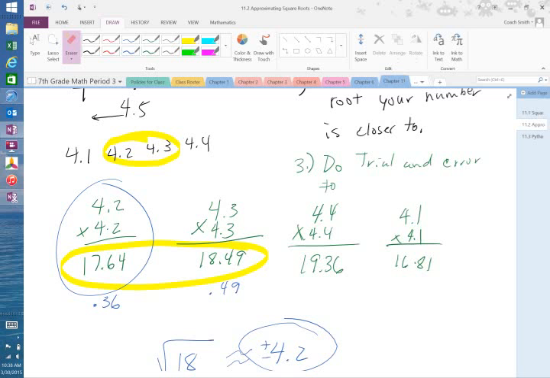So is it closer to 121 or is it closer to 144? So y'all got it? Do you getting there? You understanding what you're supposed to do? I just want to make sure you're understanding what you're supposed to do.